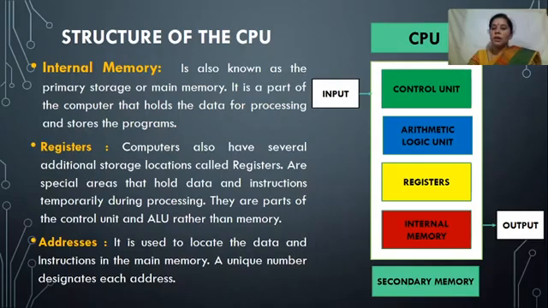An address is used to locate the data and the instructions in the main memory, and a unique number designates each set of data, so each piece of data is designated with some address to differentiate between the data.